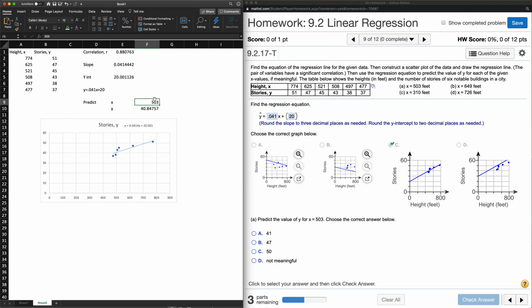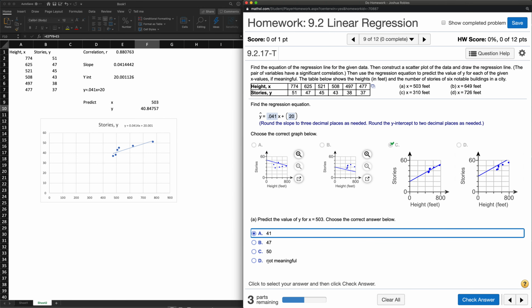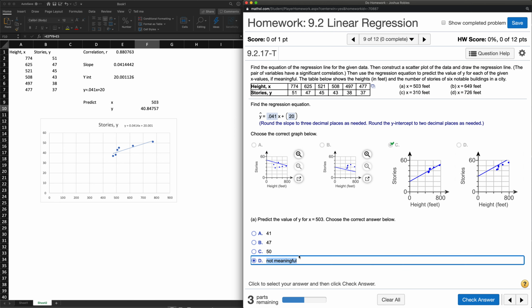So if my building had a height of 503 feet, I'd expect it to have 40.84757. This doesn't quite make sense, because stories is a whole number. We can see that the answer choices here are rounded all the way to a whole number. We have to be careful though, there are still two possible answers. 40.8 rounds to 41, but the answer still might not be meaningful.